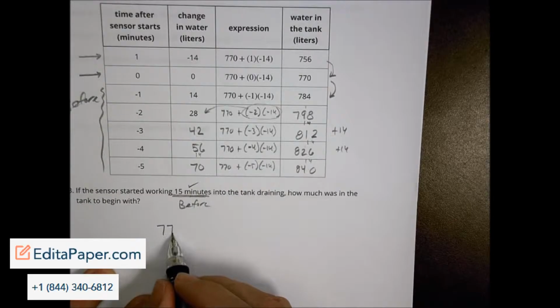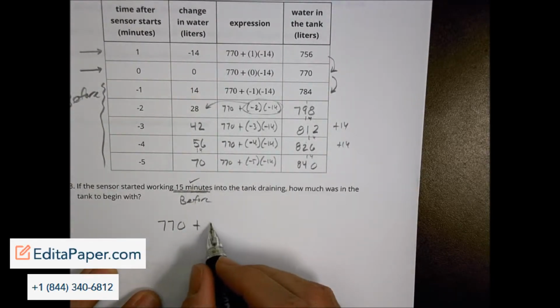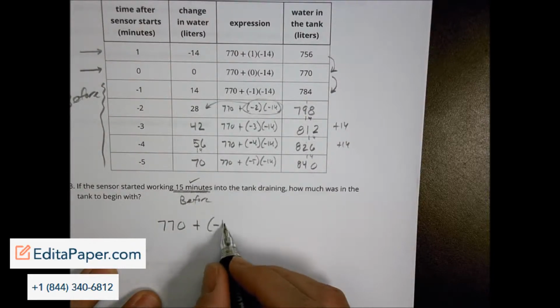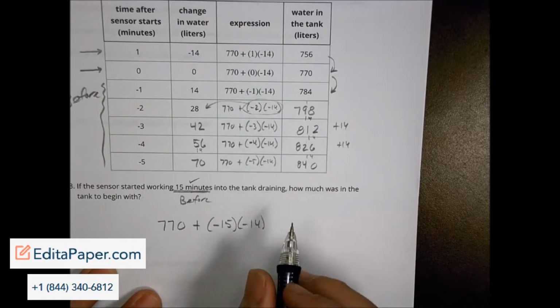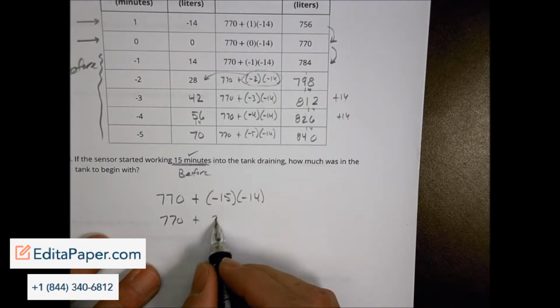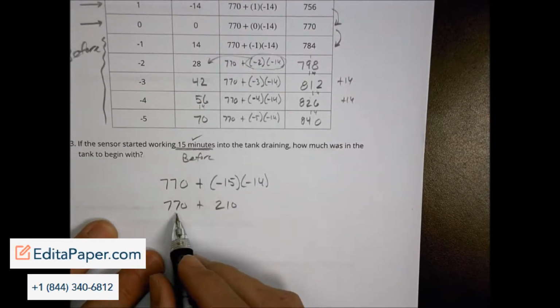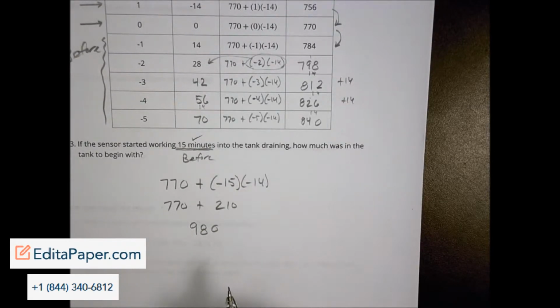So we take the value of the water we had at 0, which was 770, and we're going to add to that negative 15 minutes times our rate of negative 14. So negative 15 times the negative 14 is 210, which tells me 770 plus 210 means there were 980 liters of water in the tank before it started to drain.